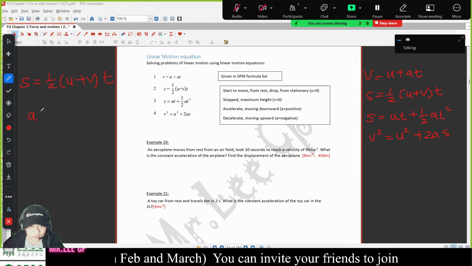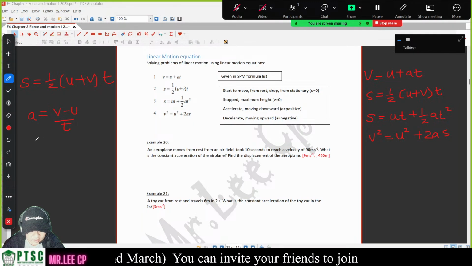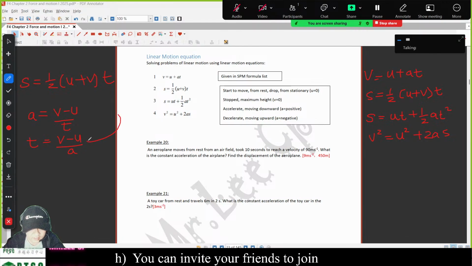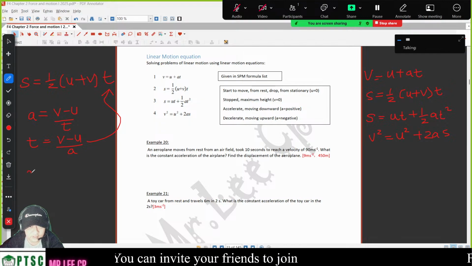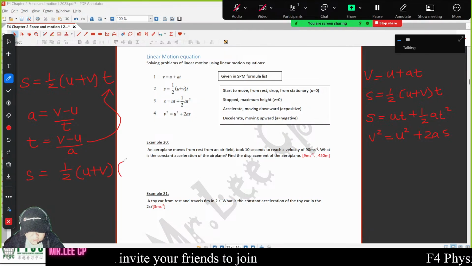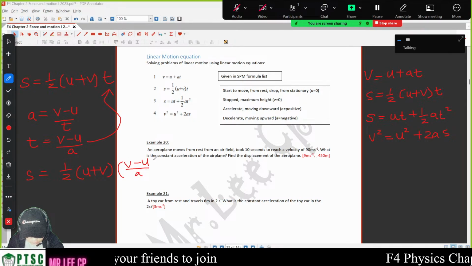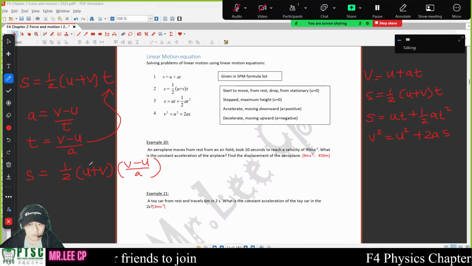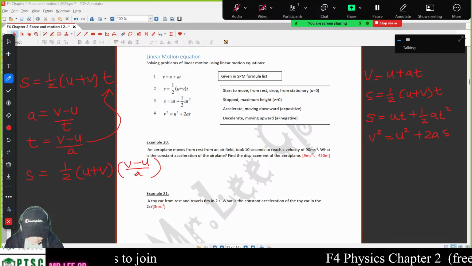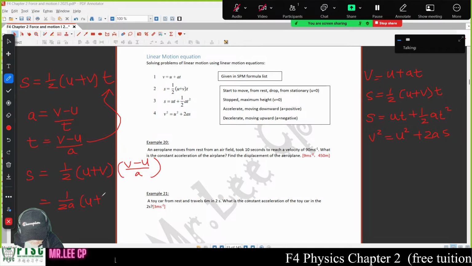A is equal to (V minus U) over T. T goes up, A goes down, so T is (V minus U) over A. I am going to substitute it in here. S is equal to half times (U plus V) times T, where T is (V minus U) over A. Now I am going to bring the 2 and A together because it looks nicer and easier.